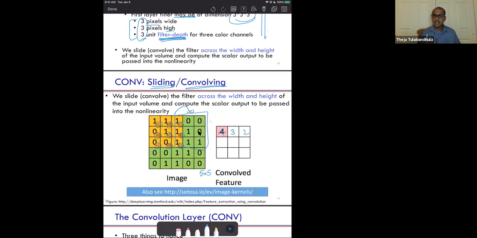Now both the image and the filter have depth. The image has 3 layers, and the filter also has a depth of 3. You can imagine sliding or convolving the filter over all 3 layers simultaneously.